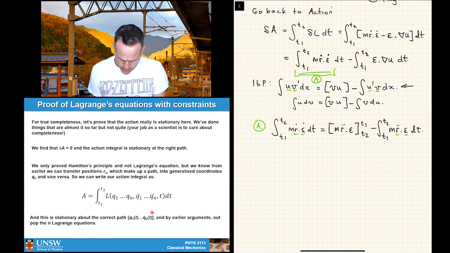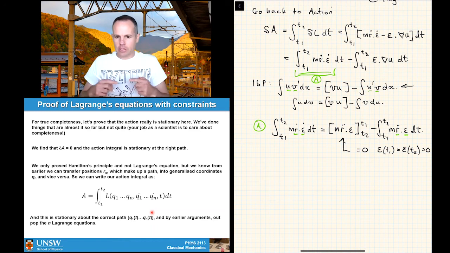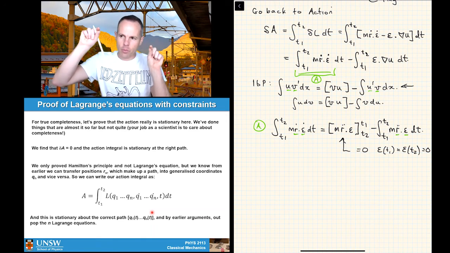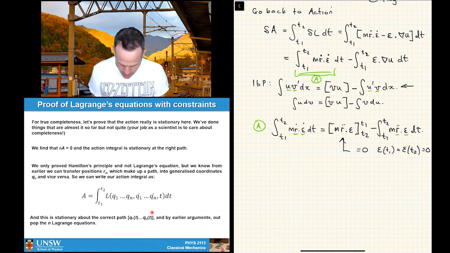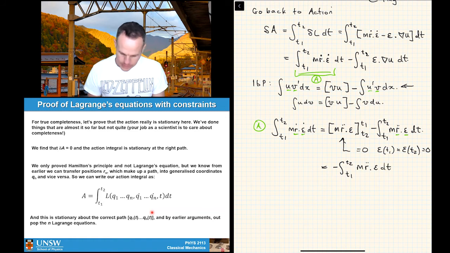Okay, this term here is 0, and it's 0 because epsilon of t1 is equal to epsilon of t2 is equal to 0, okay? And so you'll see in the earlier lecture, we do it time and again. In these sorts of problems, we use integration by parts and we rely on the endpoints being where the correct path meets the wrong path so that the epsilon goes to 0 just at those 2 points, okay? So that first term is 0, and what I'm left with here is minus the integral of m r double dot dot epsilon dt, okay?